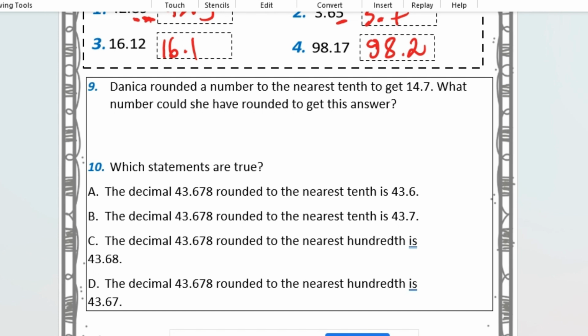We have a lot of numbers here. The first one I can think of is 14.65. Because if you round 14.65 to the nearest tenth, this one is 5, you will get 14.7.